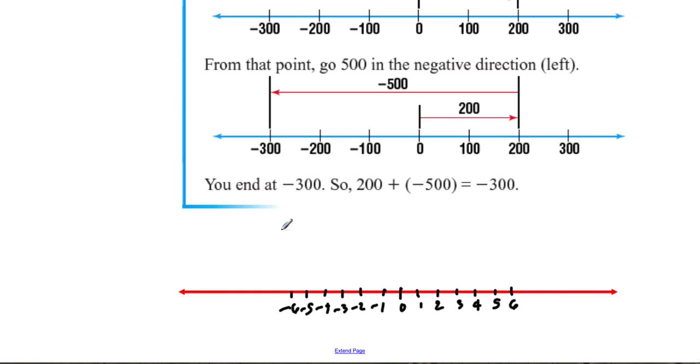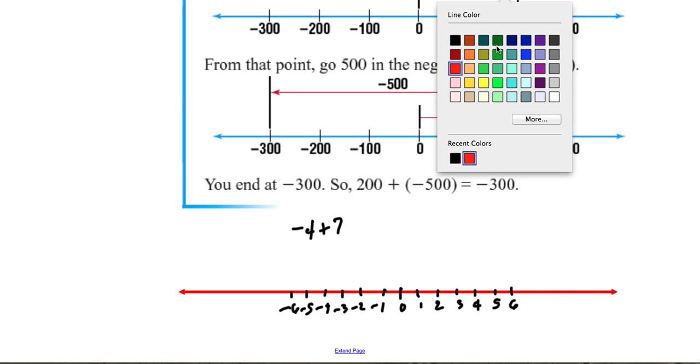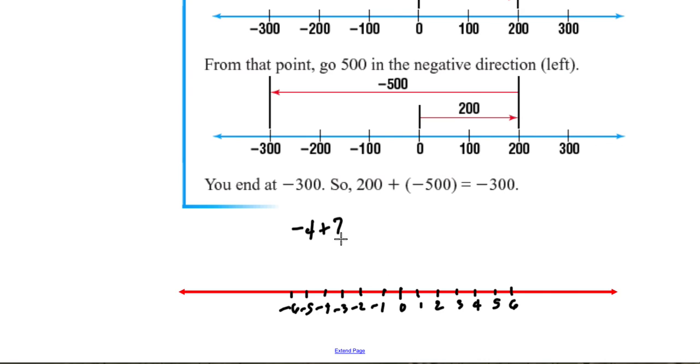So let's make a simple example. Let's do negative 4 plus 7. So we want to find negative 4 plus 7, so we start from 0 and we go to negative 4.